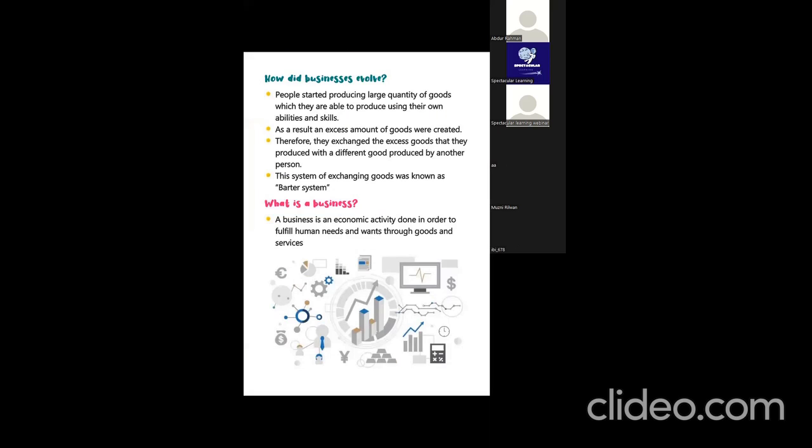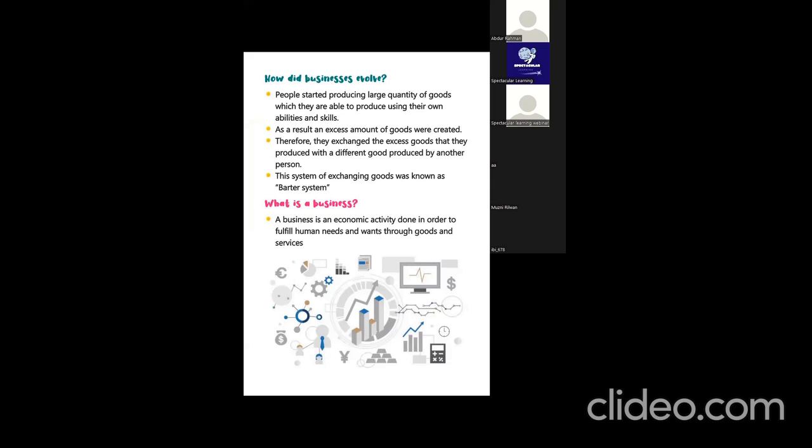So let us start first with how a business evolved. In the past, people started producing large quantities of goods using their own abilities and skills.